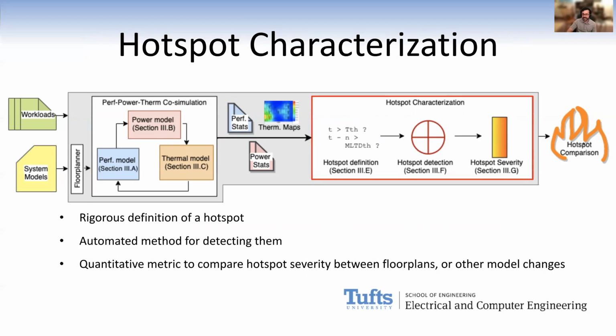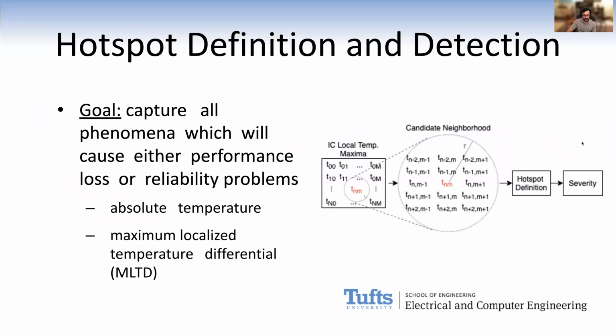Next, once transient data for thermal simulation has been collected, hotspots can be detected and characterized. First, a definition of a hotspot is needed, then a way of detecting and classifying the severity so that different floor plans or mitigation methods can be compared. For the hotspot definition we developed, our goal was to capture all aspects which will cause performance loss or reliability problems.